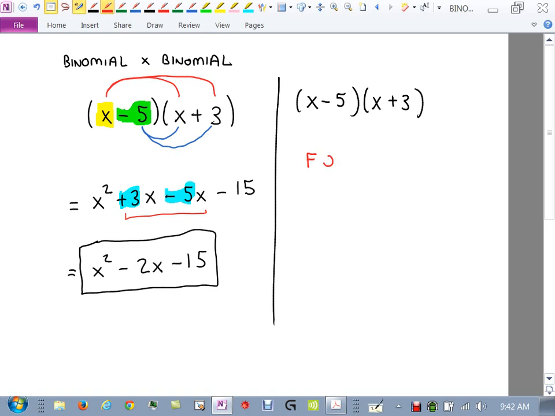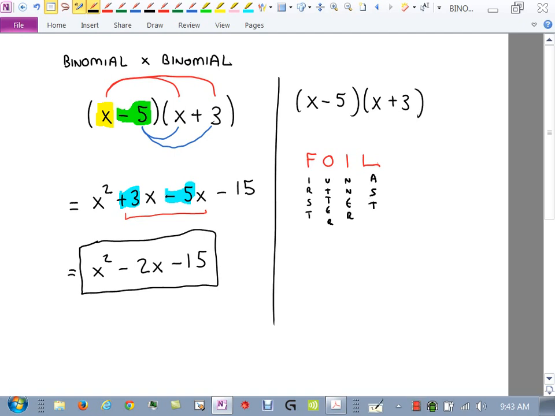Have you all ever seen that before? FOIL is an acronym. It stands for something. It tells you an order in which to do these. So the F stands for first. The O stands for outer. Then inner. And then last.